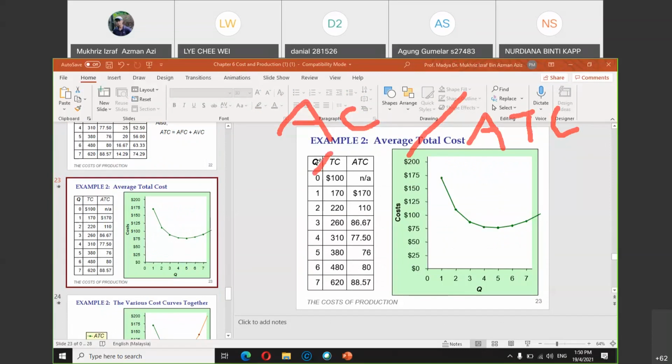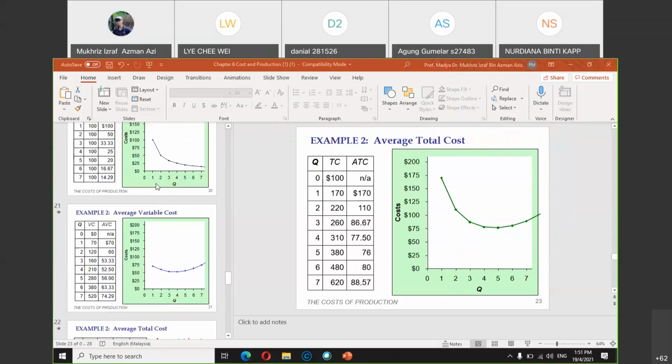So TC divided by quantity, you get average cost. Usually the shape is also like a U shape. It starts to decline, and then it reaches a minimum point, then it goes up again. Similar to variable cost, it declines first, and then it goes up again. But the main difference is the average fixed cost.